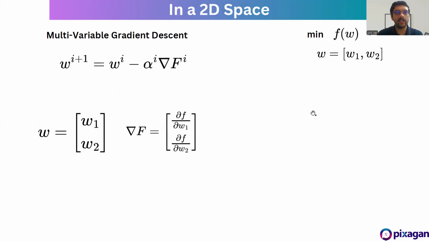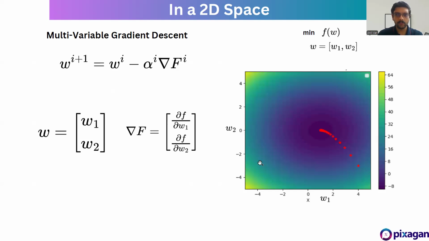Let's take a simple two-dimensional example. Let's say you have a space W1 and W2. So it's a two-variable problem, quite simple. You have your W, which is now W1, W2, and you have your del F, which is dou F dou W1 and dou F dou W2.